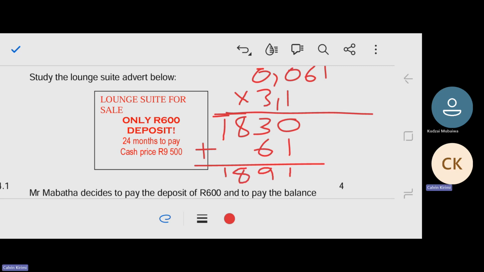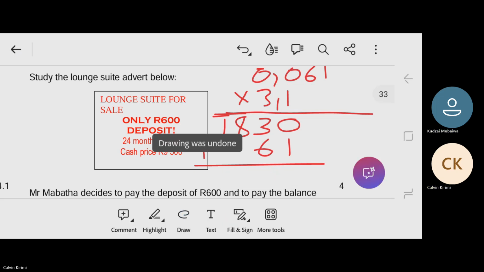Where are we going to put the comma? To count the decimals: here we are having 3 decimals plus 1, 4 decimals. So you start counting from here, 4 decimals going to the left.